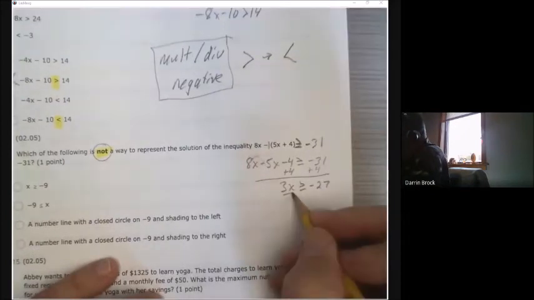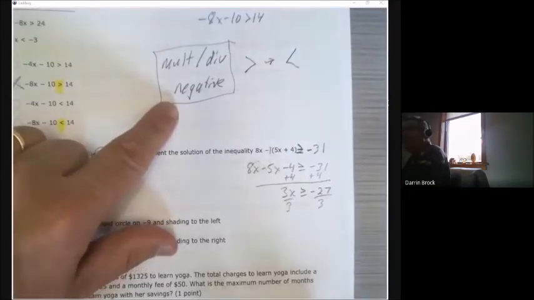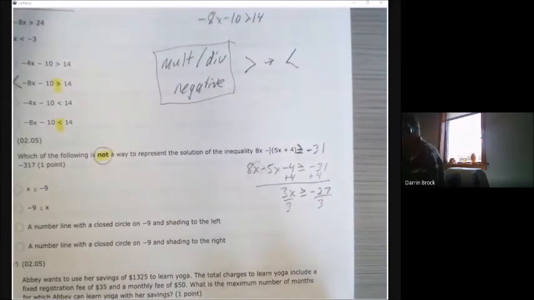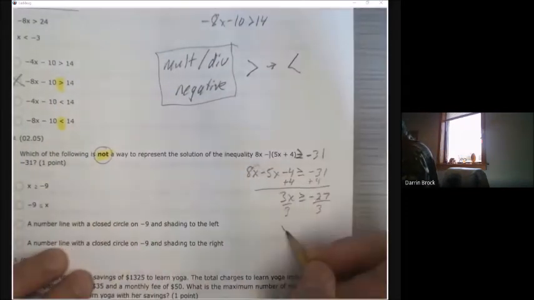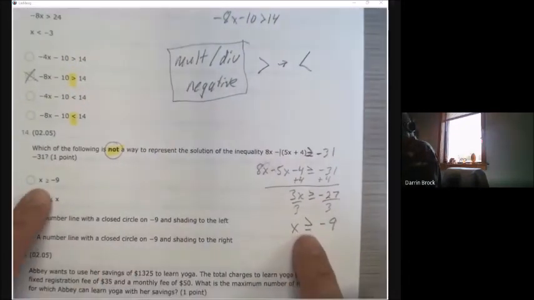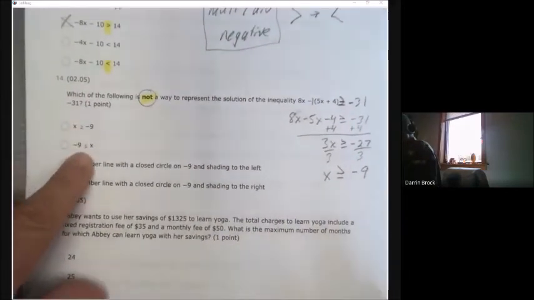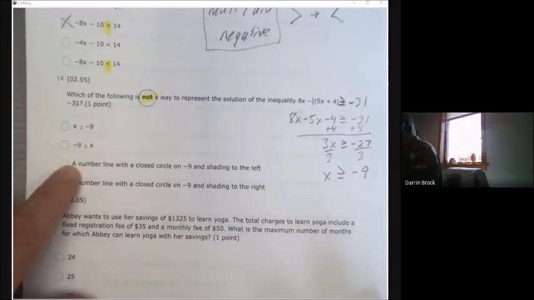We're dividing by 3. Again, we're dividing, but we're not dividing by a negative. So we don't have to change the sign. So x is greater than or equal to negative 9. X is bigger. X is greater than or equal to negative 9. Negative 9 is smaller than or equal to x. Well, that's true because x is bigger. We said x is bigger, so 9 must be smaller.